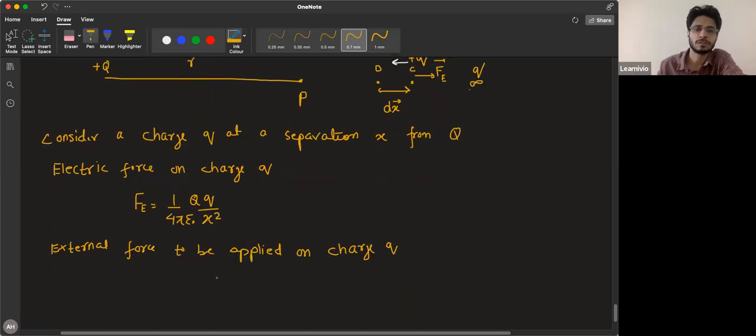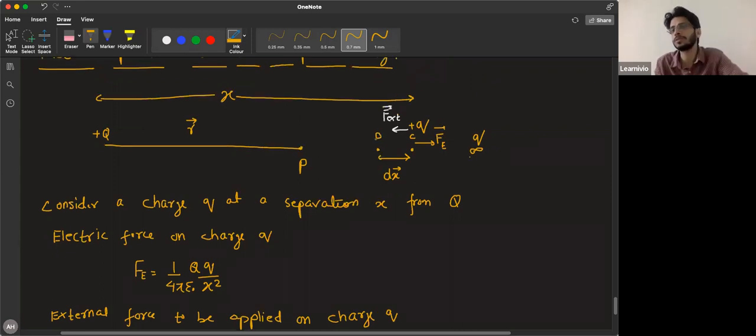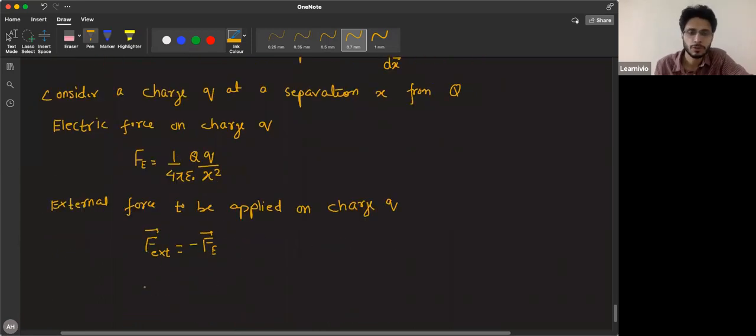So F external is minus of F electric. That's the relation between external force and electric force. The external force that you're applying is exactly opposite to the electric force. So the magnitude of external force is equal to the magnitude of electric force, which is Qq over 4 pi epsilon naught x squared.